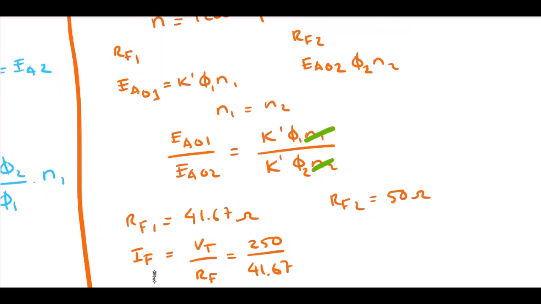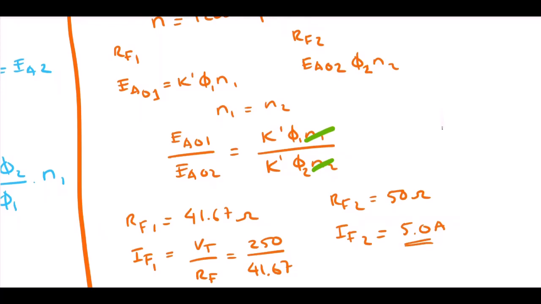Okay, so If1 is equal to 6.0 amps. Okay, and then if you follow the same step, you'll find that If2 is equal to 5.0 amps. Okay, so you've got 6.0 and 5.0.